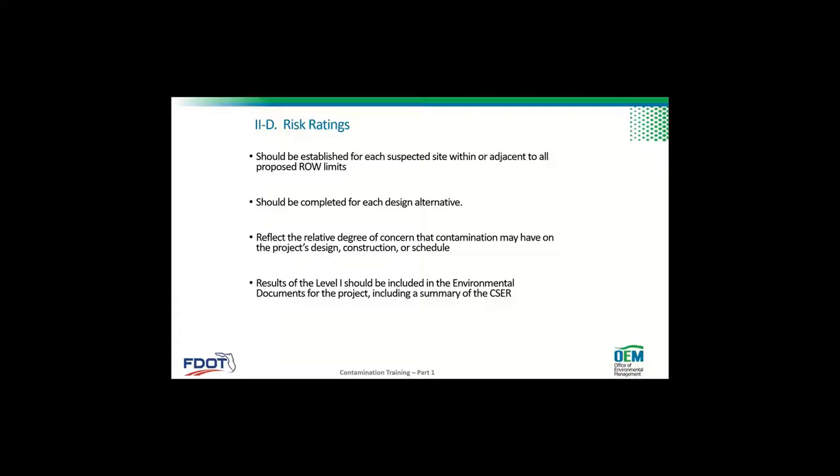They reflect the relative degree of concern that contamination may have on the project's design, construction, or schedule. Results of the level 1 should be included in the environmental documents for the project, including a summary of the CSER. That's the contamination report.